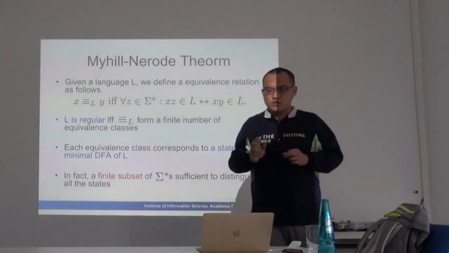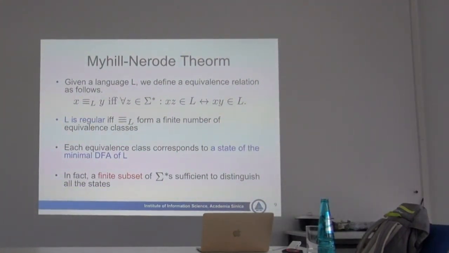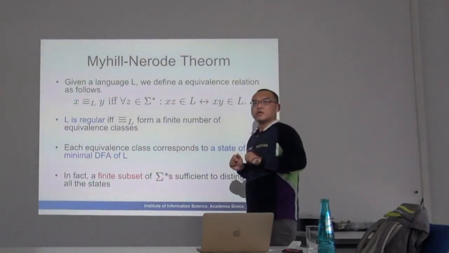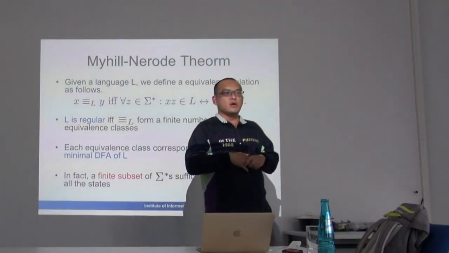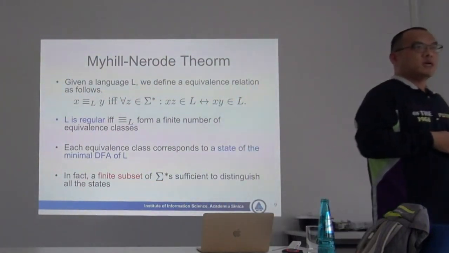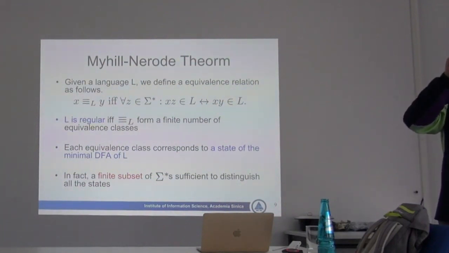Given two strings that belong to two different states in the minimum DFA, it is sufficient to find a string to distinguish them. Let me try to rephrase it. If two strings x, y belong to two different states in a DFA, you can find a word z such that x z is not in L and y z is in L, or vice versa.